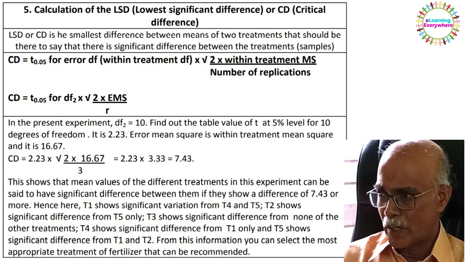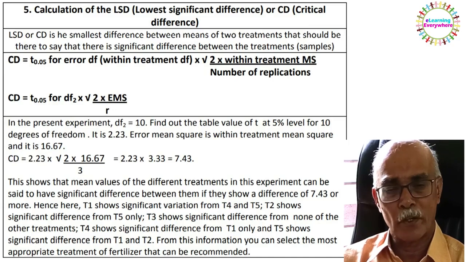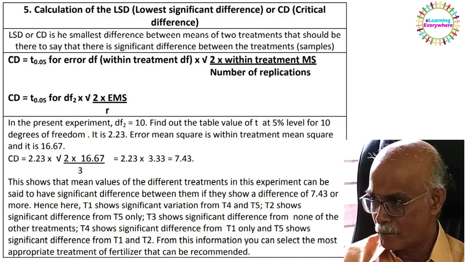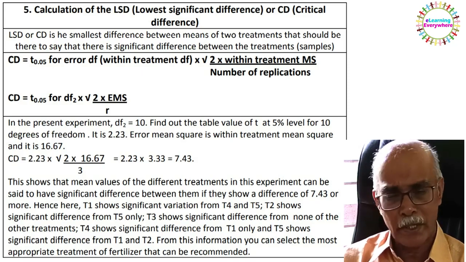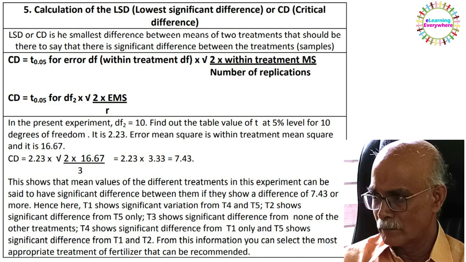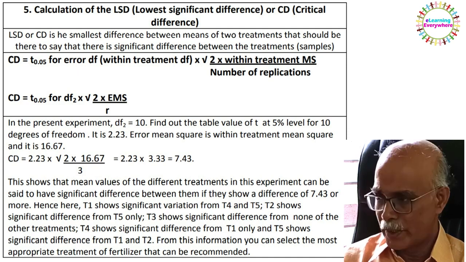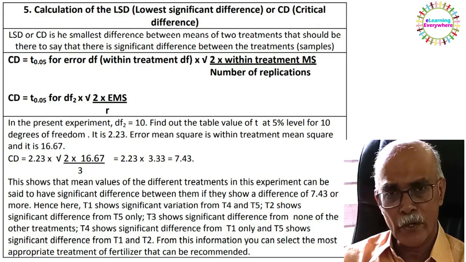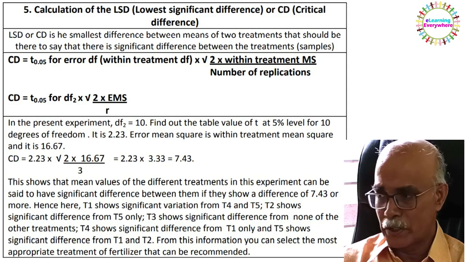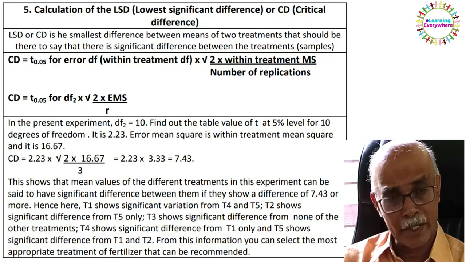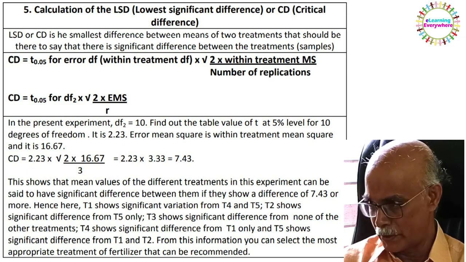So t 0.05 means t at the 5% level for error degree of freedom, which is the within treatment degree of freedom, multiplied with the square root of 2 into within treatment mean square or error mean square divided by number of replications.